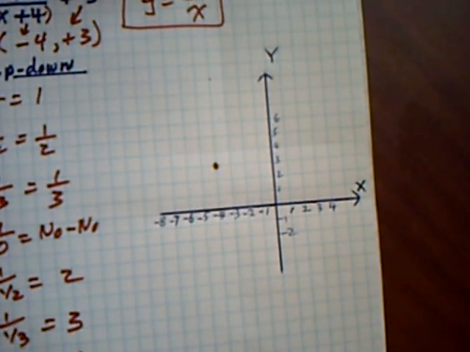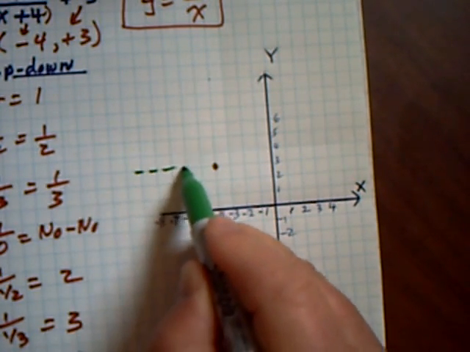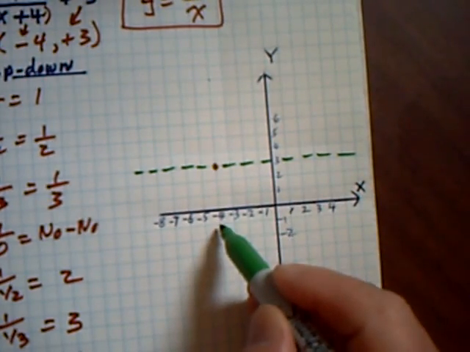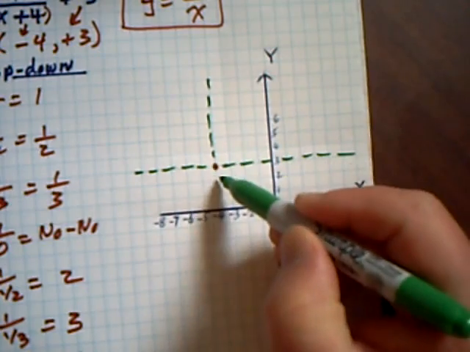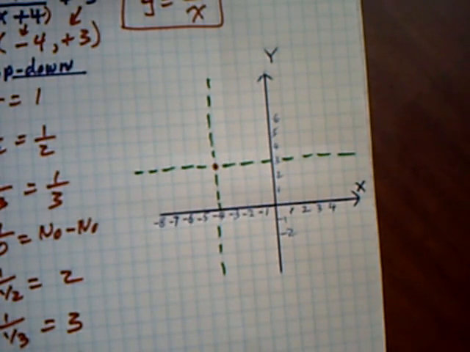So here's what my graph looks like. It's going to have the starting point move to negative 4 and plus 3. So I'm going to put some asymptotic lines here, sort of like crosshairs, and that's where I'm going to aim my graph at.